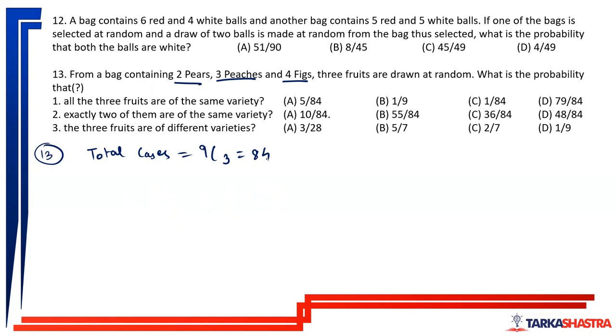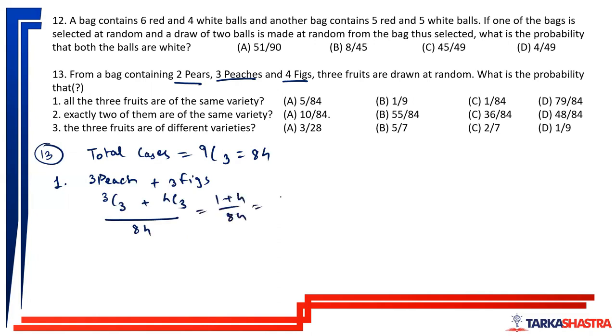What is the probability that all the 3 fruits are of same variety? So either 3 of them are peaches or 3 of them are figs. So this is 3C3 or 4C3 upon 84, which is 1 plus 4 by 84, which is 5 by 84.